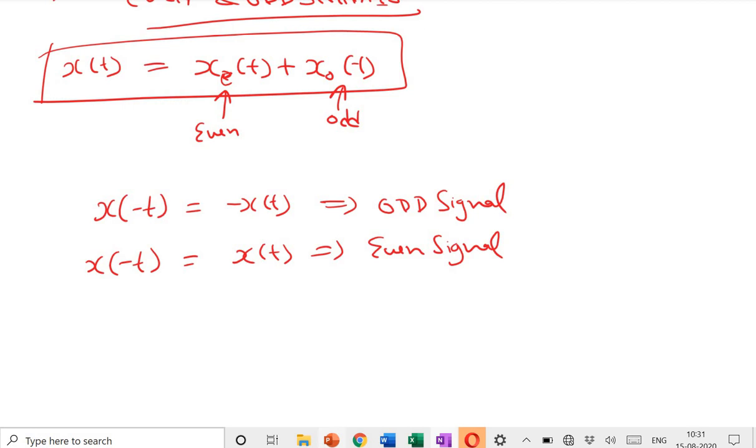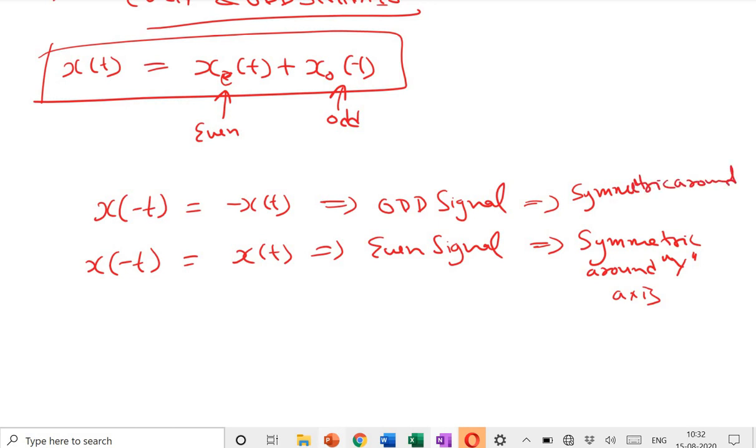The way to identify even and odd signals through the graph and the plots is that even signals are symmetric around the y-axis, and odd signals are symmetric around the origin. For example, cos t.